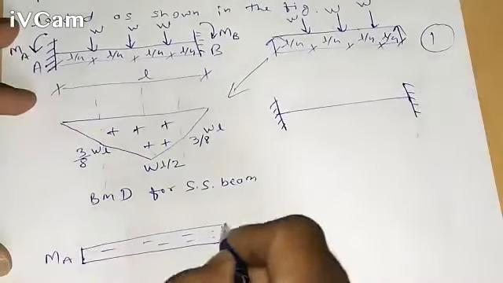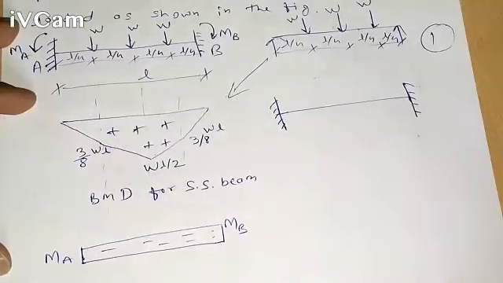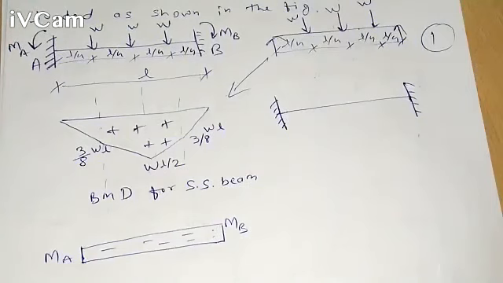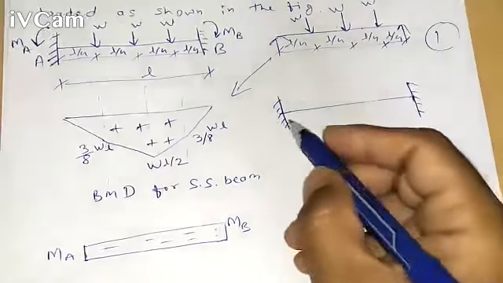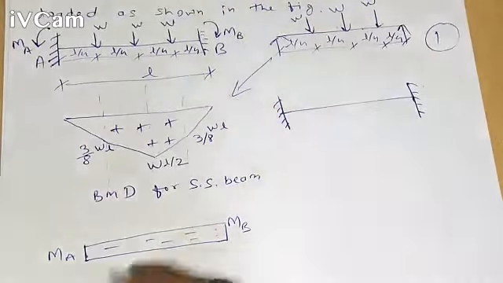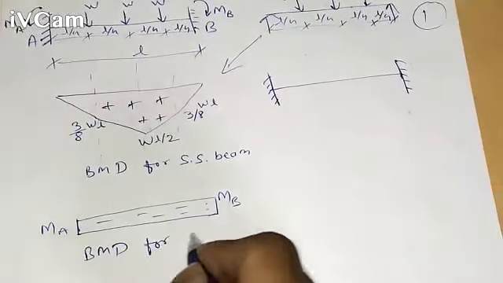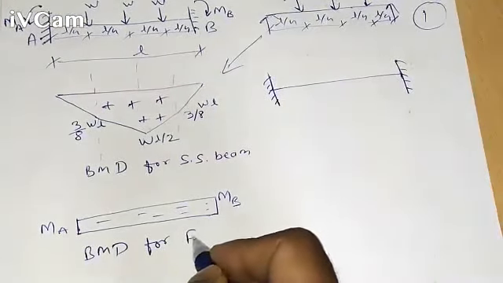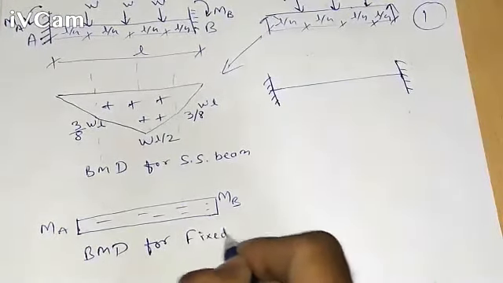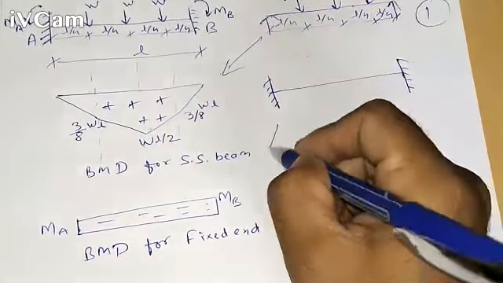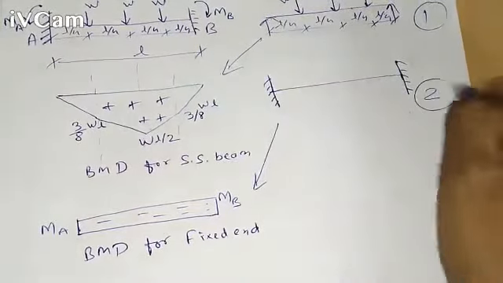This is MA and this is MB. And this MA and MB are drawn considering only the bending moment diagram for the fixed end. So there is no load acting on it. So this is the second case.